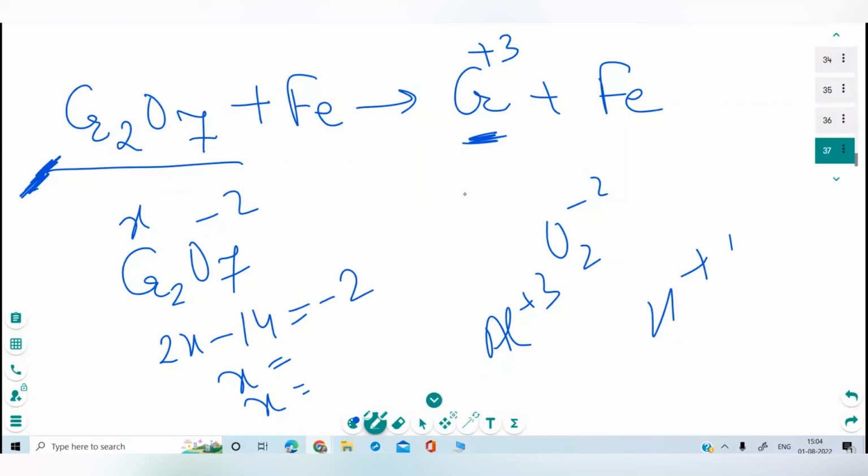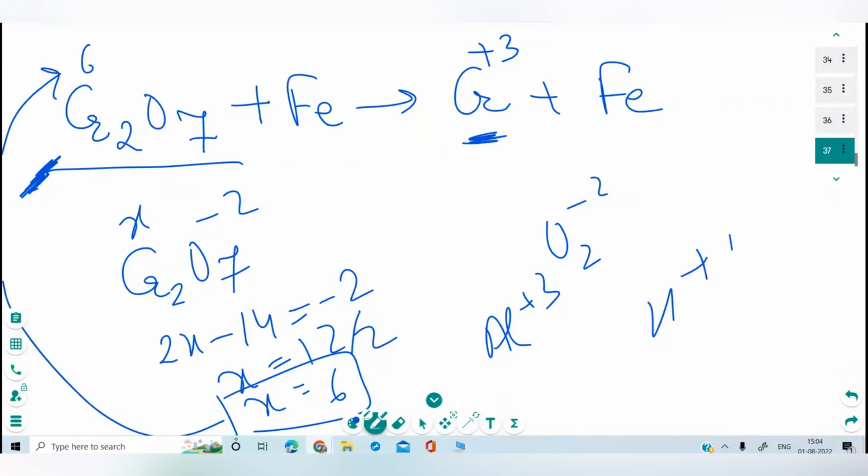So then it will come 12 by 2, which is equal to 6. Correct? Which I will write here. Okay, then I will take this as -2. Wait, why did x have -2 again? Like the first part? This one? No, above, like x -2.